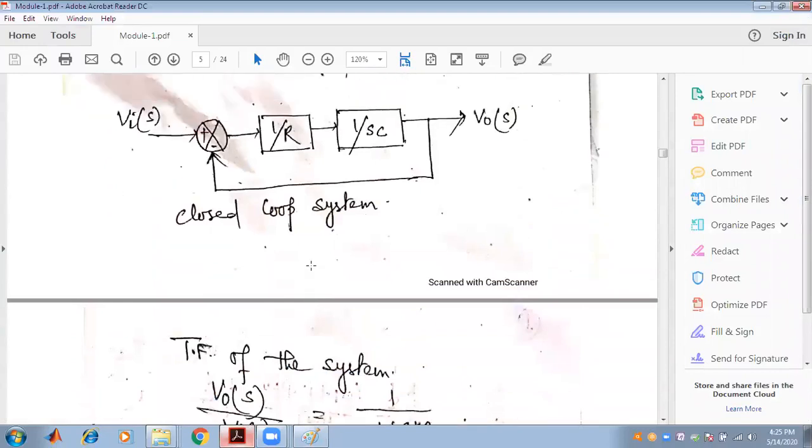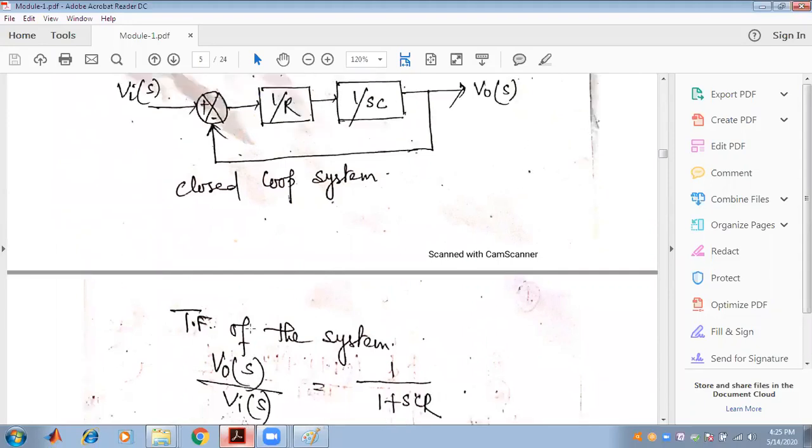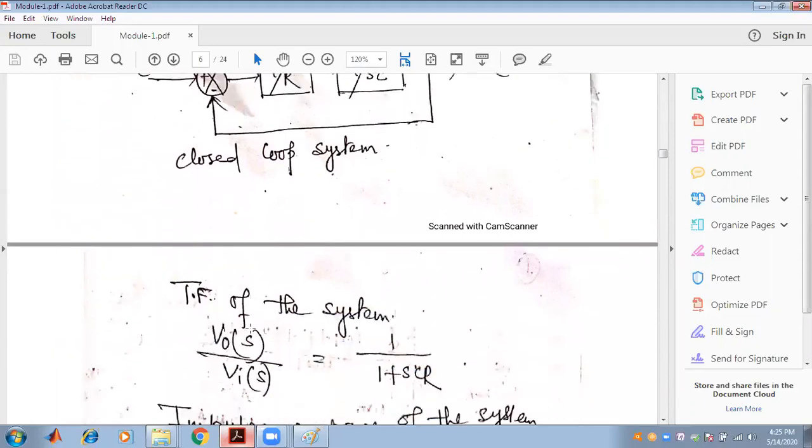Now what is the transfer function? Our main motive is to find the transfer function. So the transfer function is V0S by VIS.